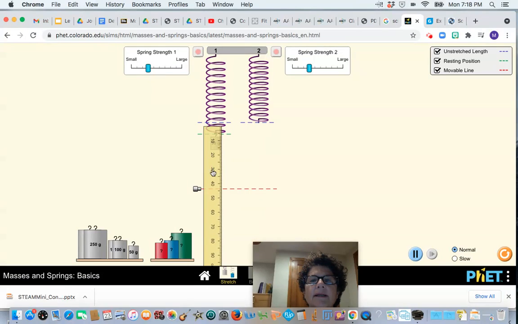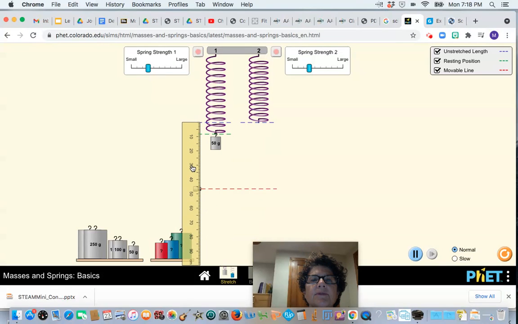If I want to measure the distance between the unstretched length and the resting position, does that look like 9, 10, 20, 30? I can't even use my own metric ruler here. It's hard, but I'm saying 9 centimeters right there.